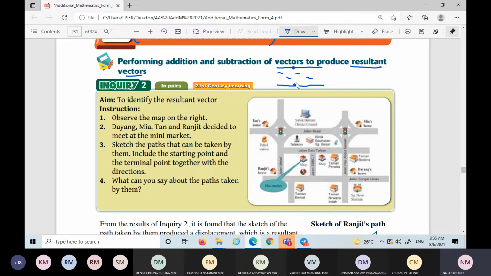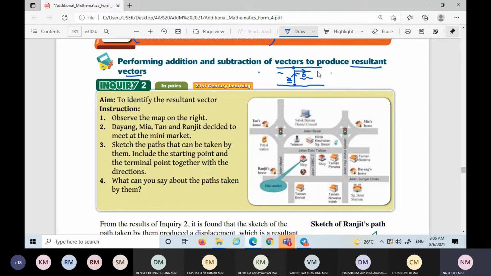If your own direction is, let's say, the vector A. But remember, because this is a river, the stream will bring you. Example, this is the upstream and this is the downstream. So the flow of the stream will be this way. Let's say it's B.